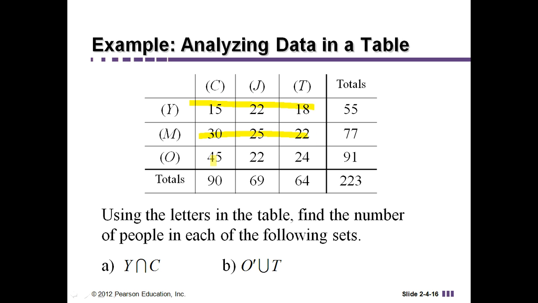Those are the things that are not in O. And then the T values, the things that are in T, are all of these things in this last column here. These are the T values. Okay, so we're looking for the union of those two pieces.